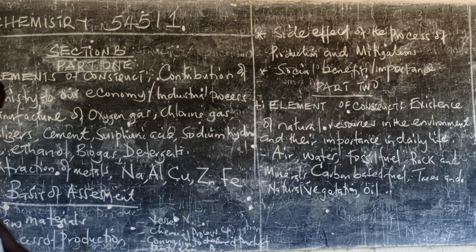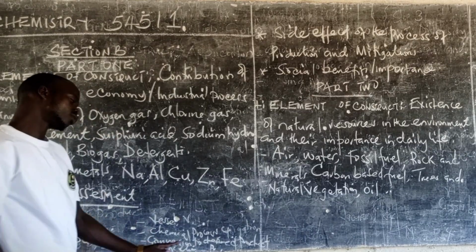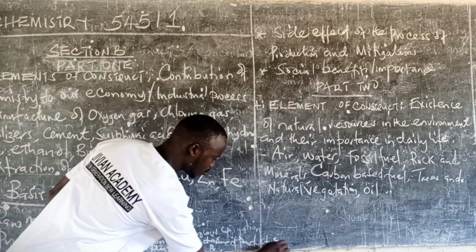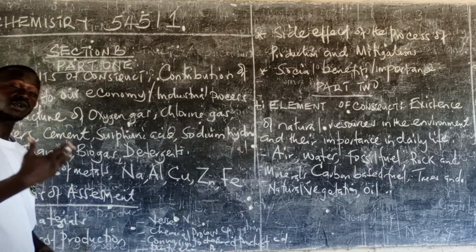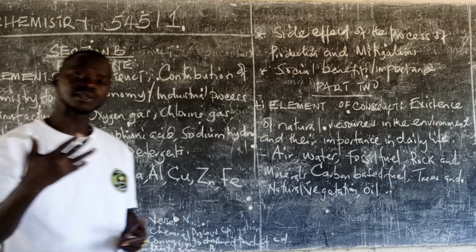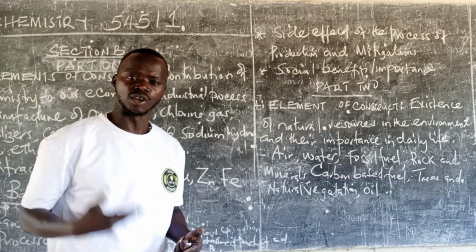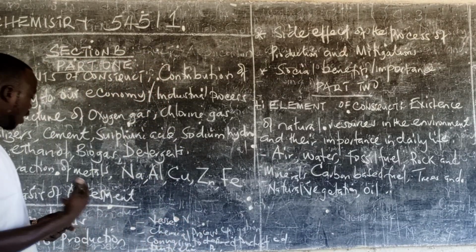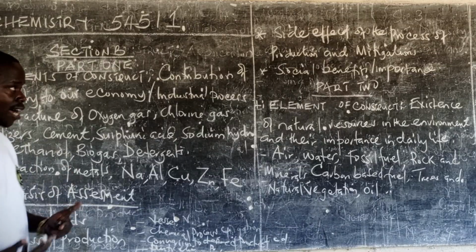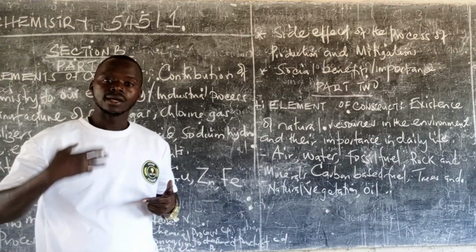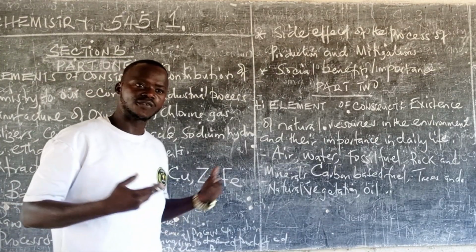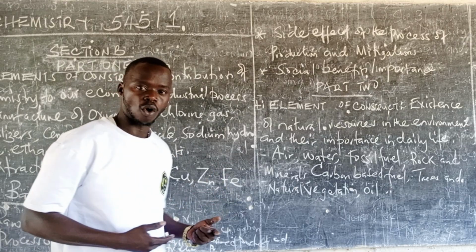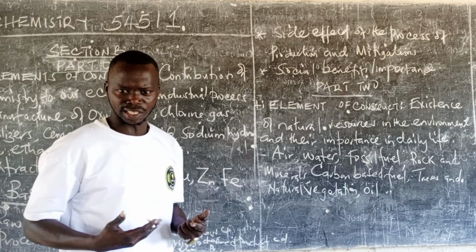When you have a crude metal, then convert it to the desired product. That is also about the method of purification. How is he or she going to purify the product for us? Then, after that, the side effects. Of course, you know that the production of these different products in industries brings a lot of challenges to the environment.